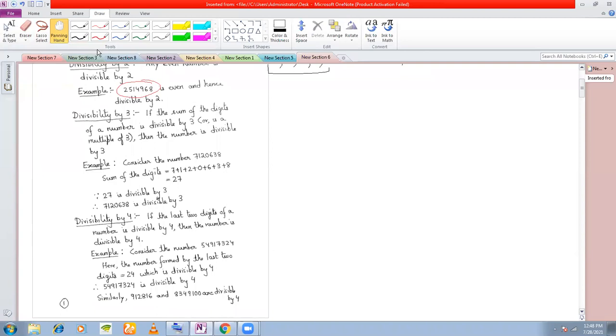Divisibility by 3, this also you have done. I've mentioned this to you briefly also. Let us consider this number, 7120638. I want to check whether this number is divisible by 3. So what I do is I calculate the sum of the digits. What is the sum of the digits? 7 plus 1 plus 2 plus 0 plus 6 plus 3 plus 8.